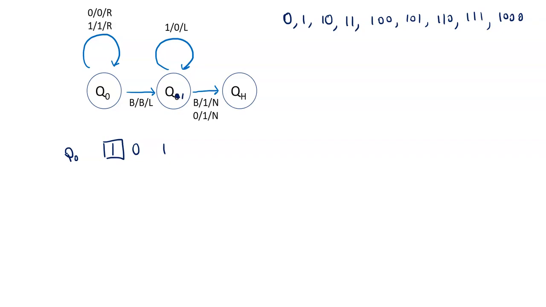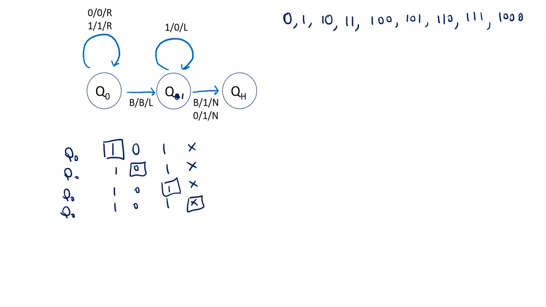Now, the first loop here tells us we're going to keep moving to the right until we see a blank. So I'm going to put a blank here because we're going to need that. We could skip this. We don't have to show every single one of these states, but sometimes we need to count them. And so we'll do this 0, 1, 0, 1.